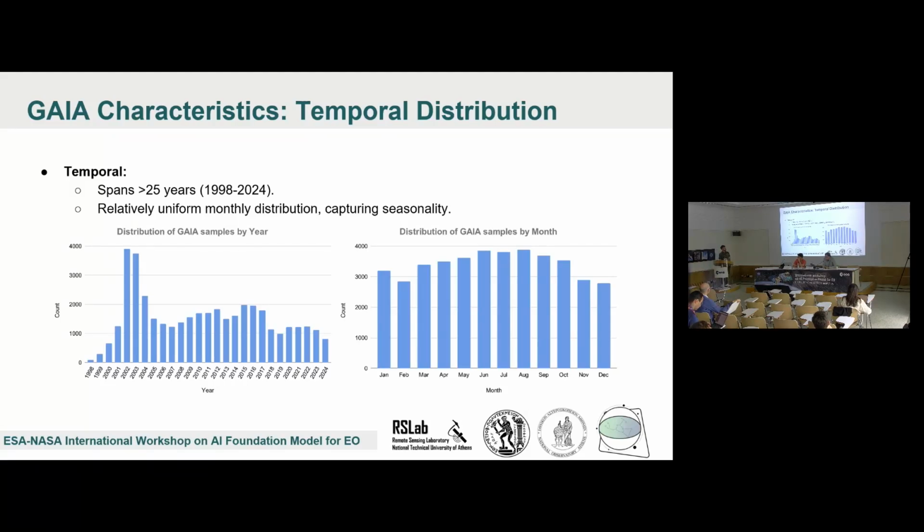Now, regarding the temporal distribution, our dataset spans more than 25 years, starting from 1998 and reaching up to the end of 2024. We also have relatively uniform distributions of observations across all months, so it's pretty balanced in this way.